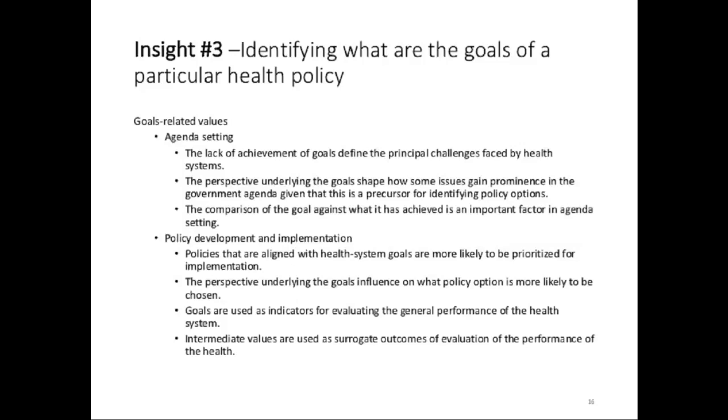A policymaker can consider universality as a basic universalism or an egalitarian universalism, and then the policies, strategies and mechanisms to implement the policy are related to the perspective underlying the goal that you decided was the most important to achieve. That is very important because this changes the way in which the policy is developed and implemented.